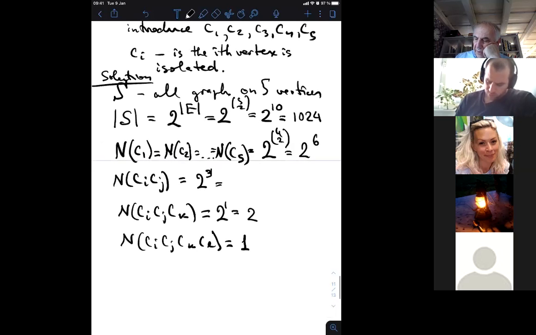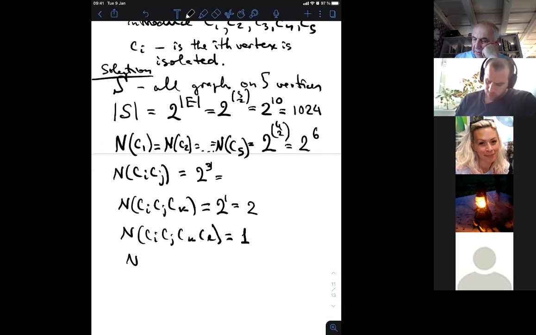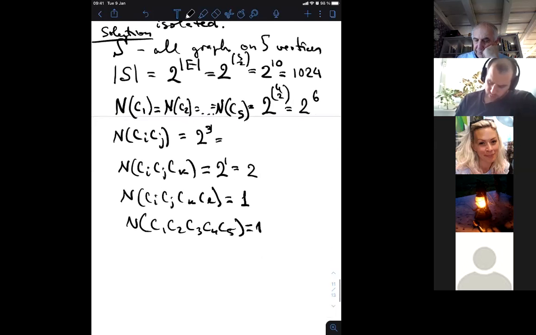And again, with 5 vertices isolated, C1, C2, C3, C4, C5, that's again just one set, with no edges at all. Having 4 vertices isolated has to coincide with having 5 vertices isolated. Yeah, that's the same one, absolutely.